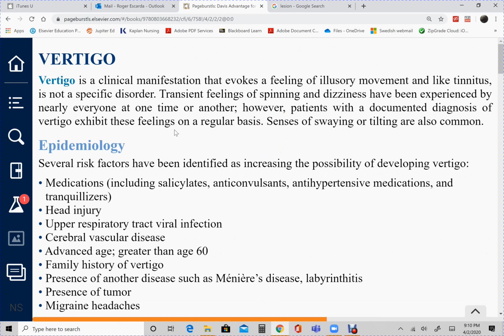Yes, vertigo. Vertigo can be a disorder on its own, or it can be a manifestation of Meniere's disease, which is our last topic. So vertigo is your world spinning. Okay.